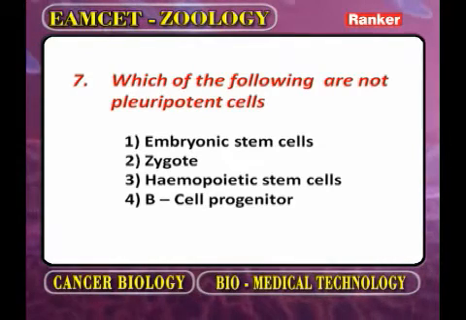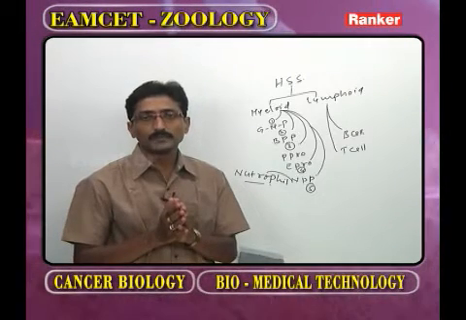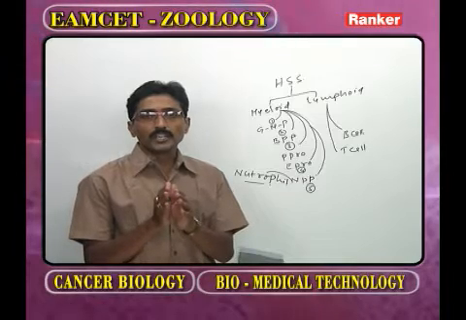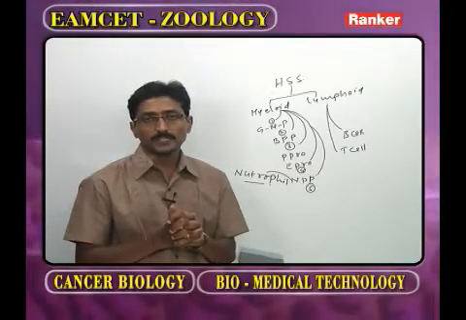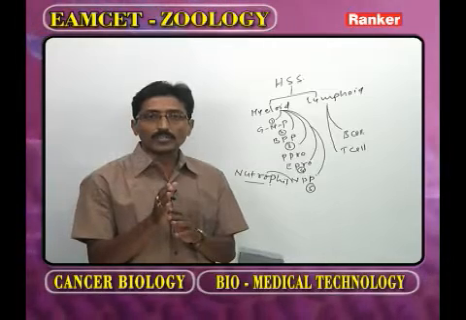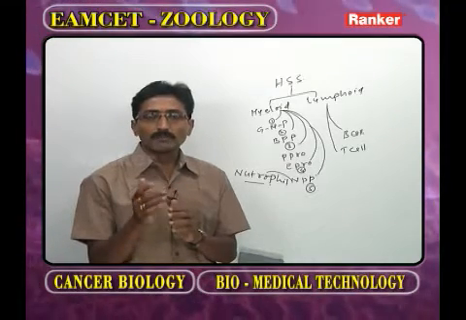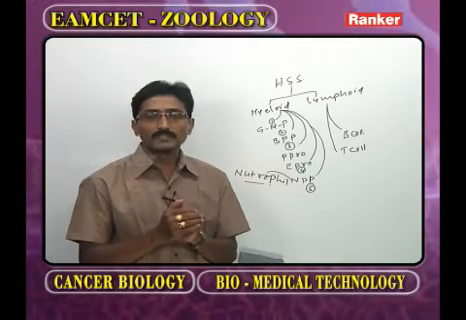One we call the zygote. In case of animals, the zygote is a totipotent cell. What is meant by totipotent cell? The zygote has to give the entire organism. Now from the zygote, the pluripotent cells, the multipotent cells, and unipotent cells will arise.